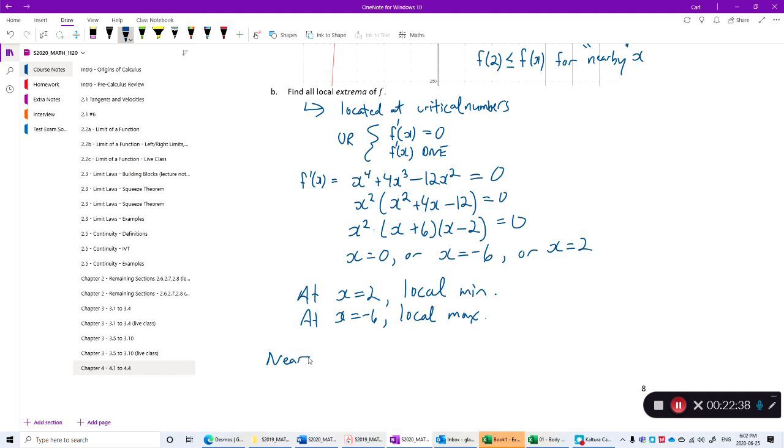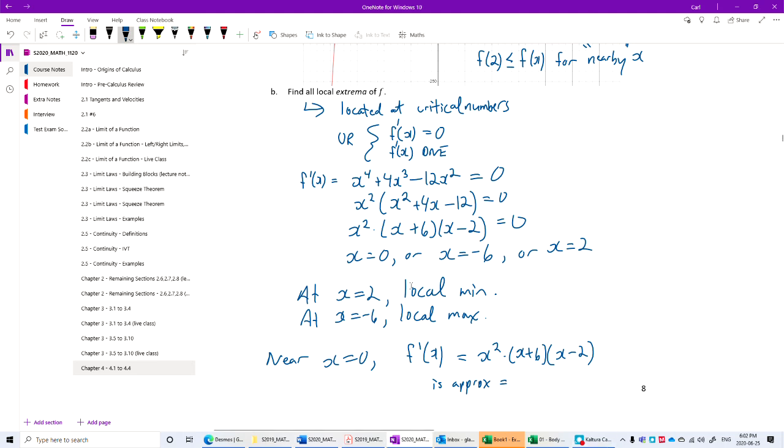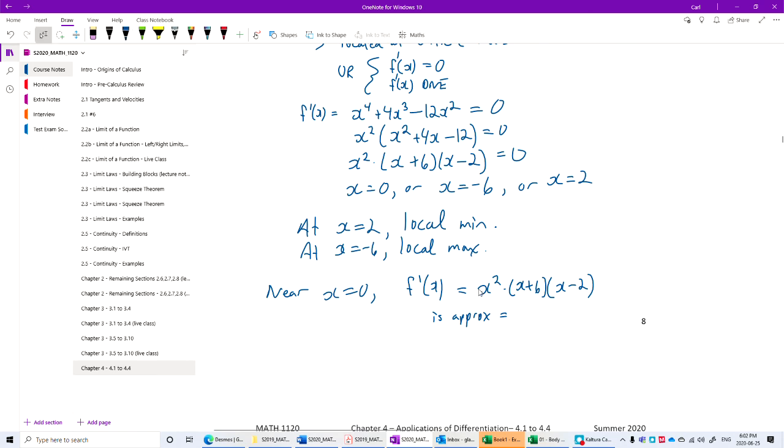So near x equals 0, f prime of x, which is x squared times (x plus 6) times (x minus 2), is approximately equal to what? So what I'm going to say is this first one is approximately 0, but that will defeat the purpose here. So I'll leave that as x squared.